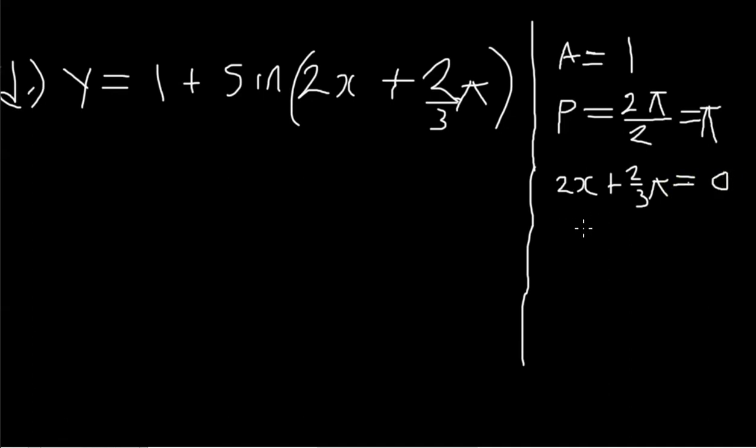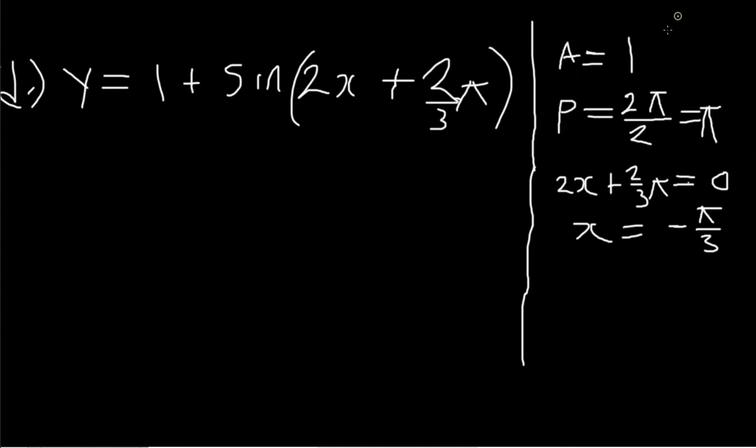When you calculate this properly, you discover that your value of x will be negative pi over 3. So this is the first point that our curve is going to start from.